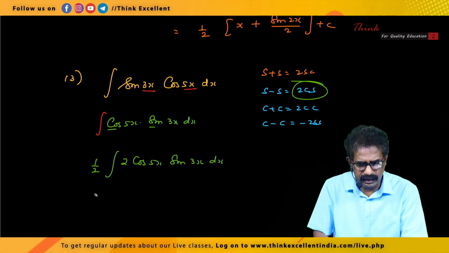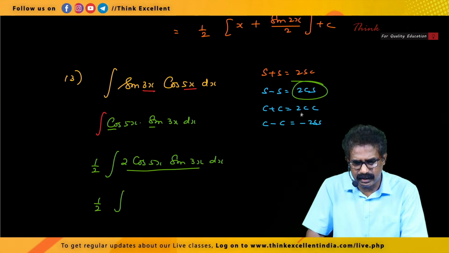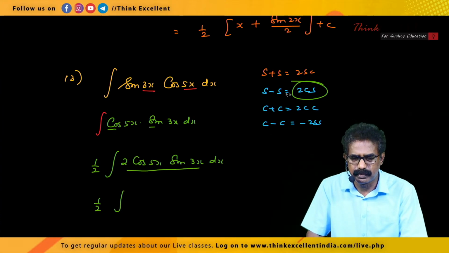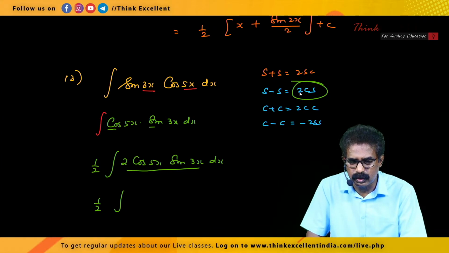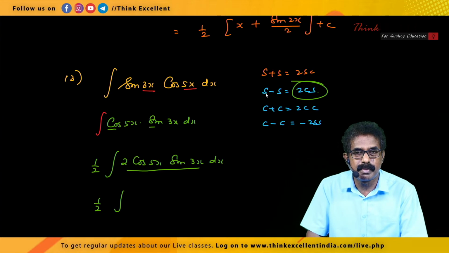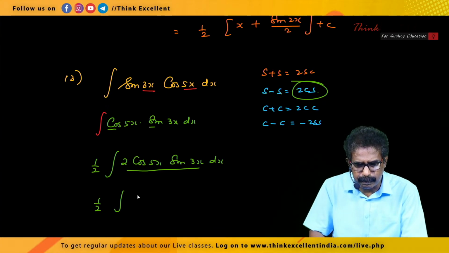Now please listen. That is 1 by 2 into integral 2CS. 2CS meaning sin a plus b minus sin a minus b is 2 cos a sin b. So this 2 cos a sin b is sin a plus b minus sin a minus b. Sin a plus b.